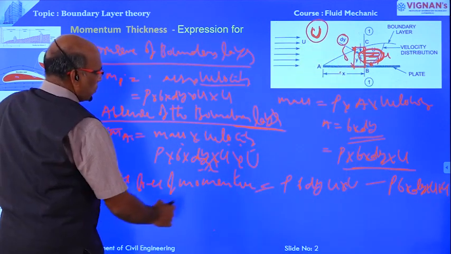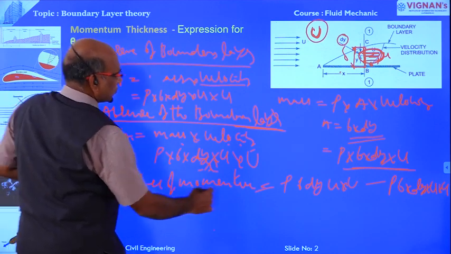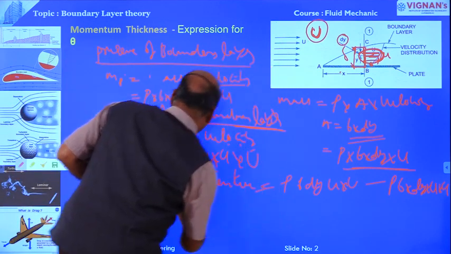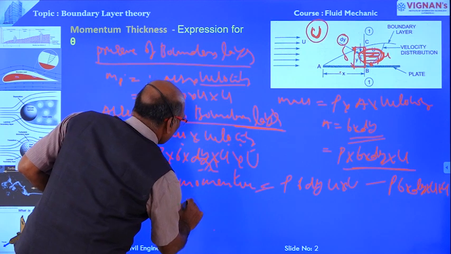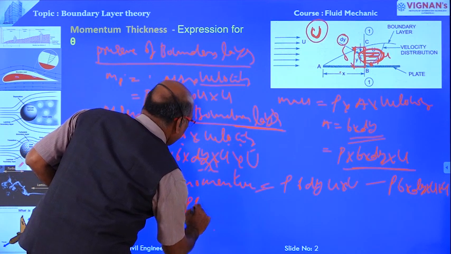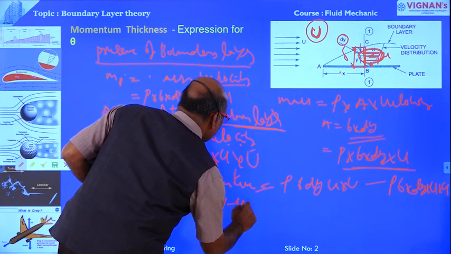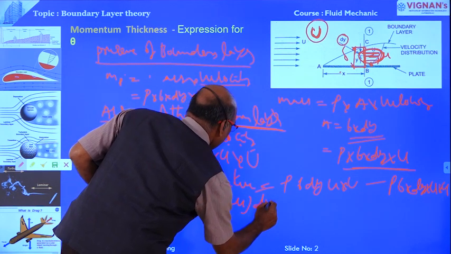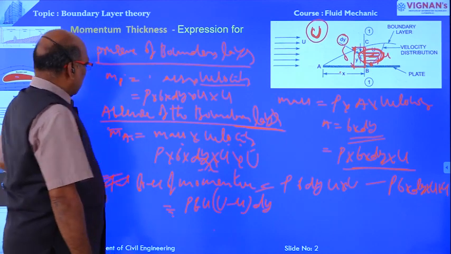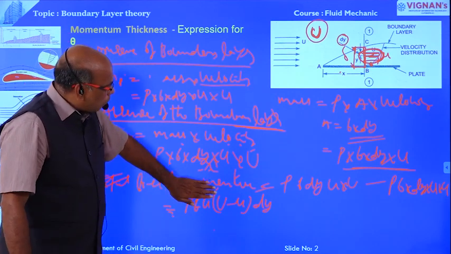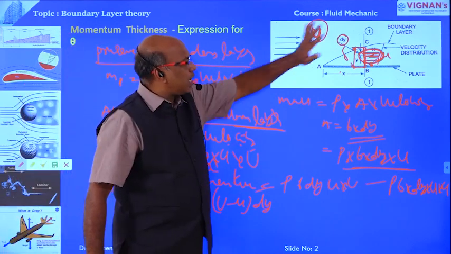This equals rho b small u (capital U minus small u) into dy.